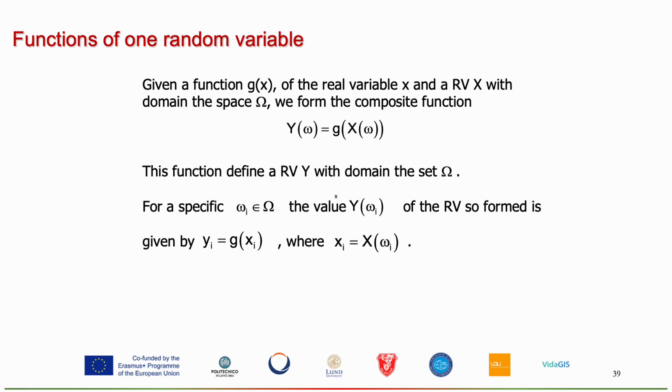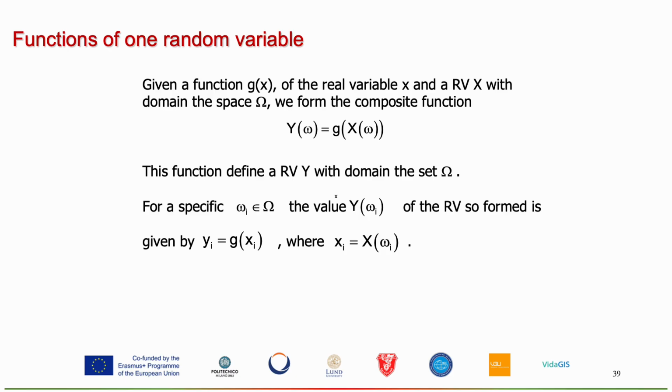We have a function g of x defined for the real variable x, and a random variable capital X that has domain in the space omega. We can make the composite function Y of omega obtained as g of X of omega. This function clearly defines a new random variable capital Y whose domain is in the set capital omega.